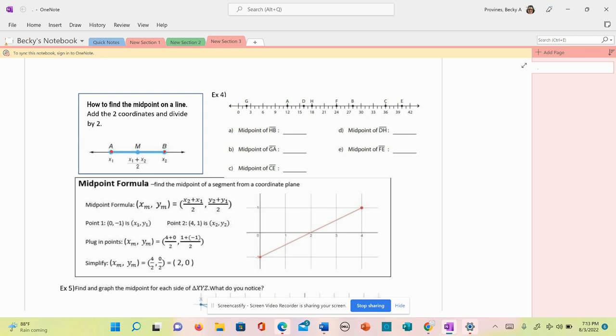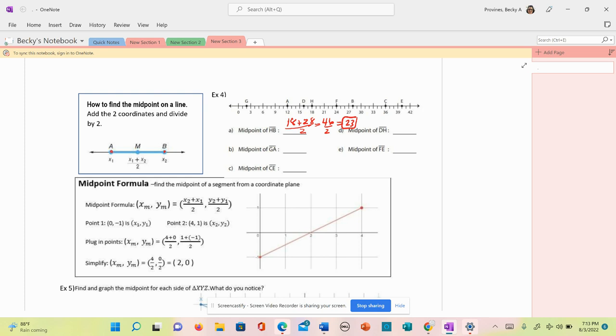All right, so for example, H is at 18, and B is at, what would that be, 28, and you add them up and you divide by 2. So 18 plus 28 is 46, divide by 2, and I get a final answer of 23. So 23 should be in the very middle.